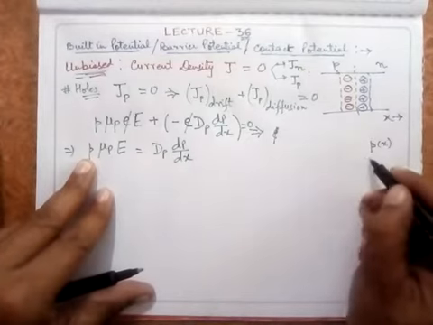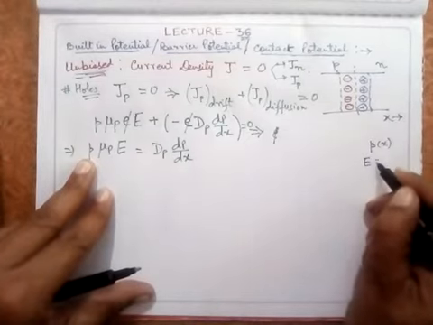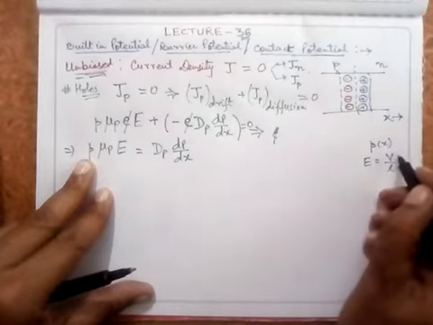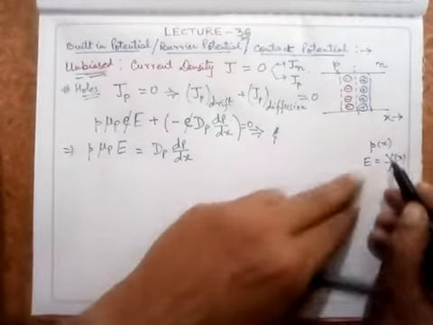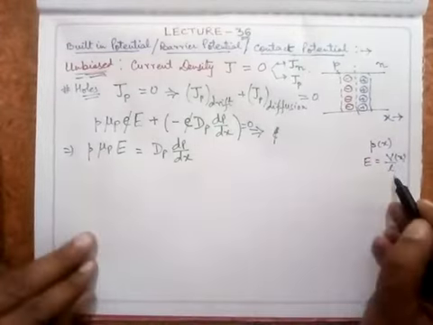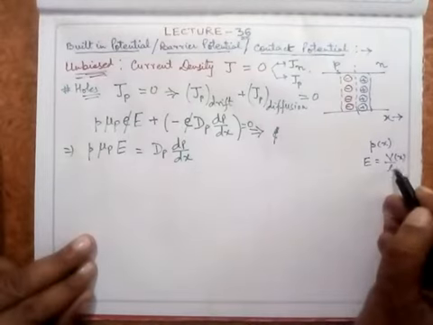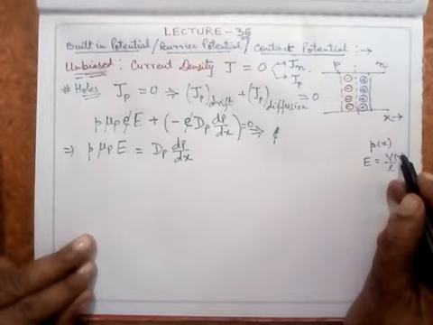And of course E already we know, E is V by L, it is the potential gradient, potential per unit length. So I can say that this E is equal to V by L.